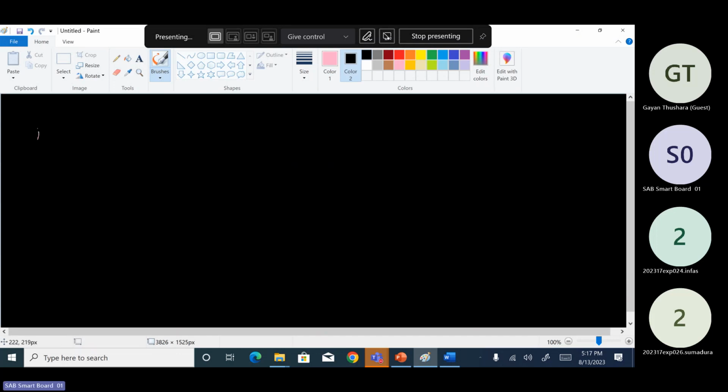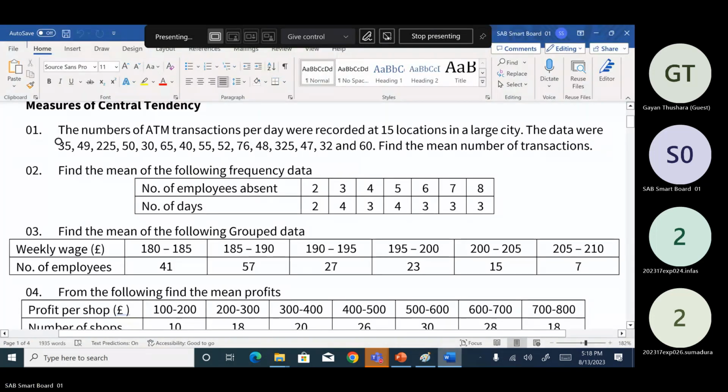X bar equals sigma x over n. For sigma x, we have to add all those values: 35, 49, 225, and so on, up to the last one.